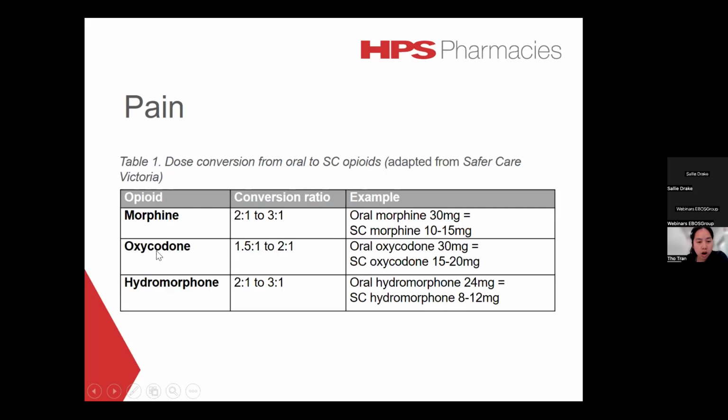For someone on oxycodone, we tend to use a 5 to 1 or 2 to 1 ratio. So 30 milligrams of oral oxycodone converts to subcut between 15 to 20 milligrams. The conversion for hydromorphone here is 2 to 1 to 3 to 1. If someone is on oral hydromorphone 25 milligrams, we can give subcut hydromorphone between 8 to 12 milligrams.